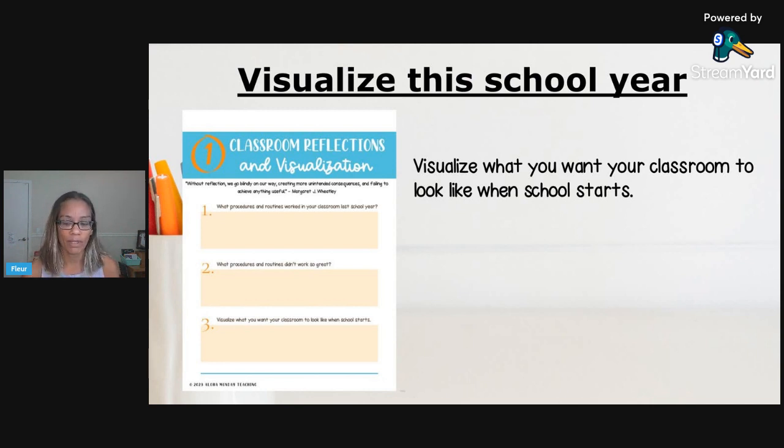I want to make sure kids are using their manners and going to their seat, reading the board so they know what they need. I want all of that to be very smooth, so it starts off very calm and the kids are doing what they are supposed to be doing. Just visualize what you want your class to look like when school starts.